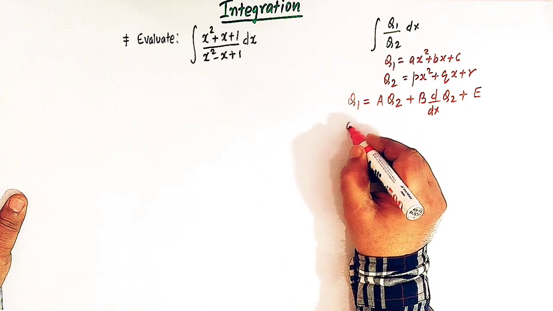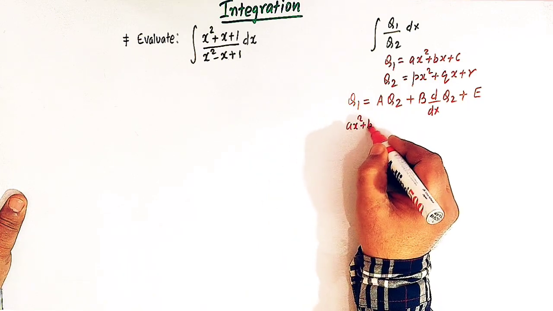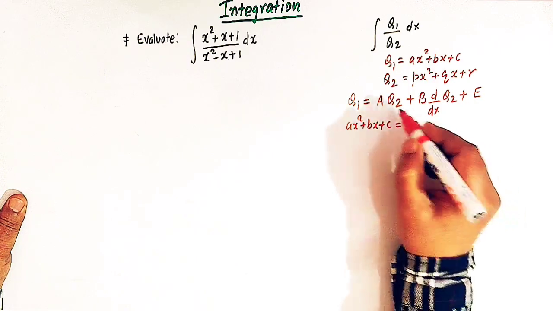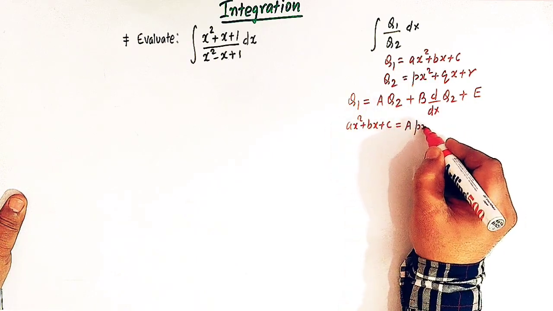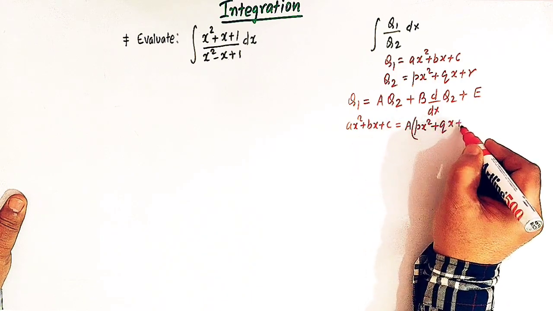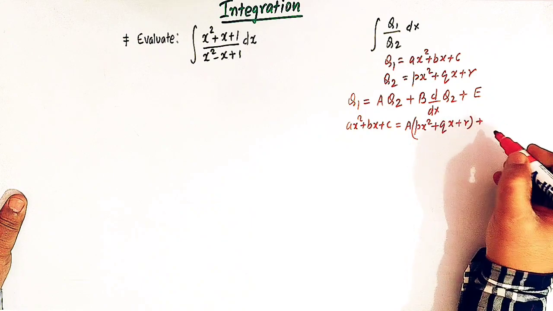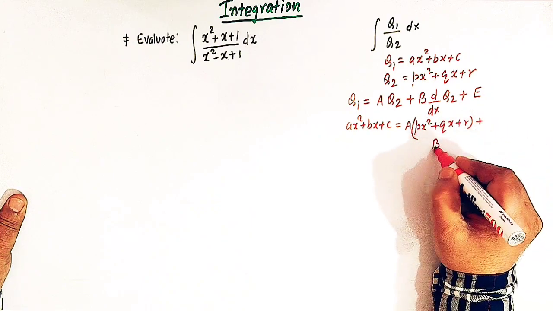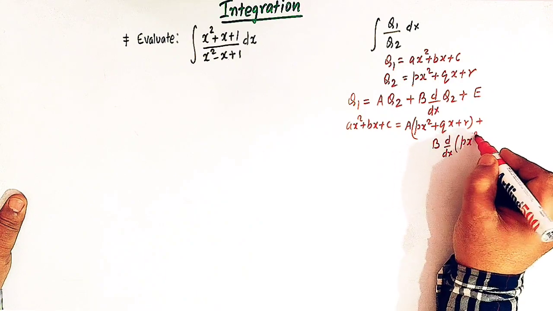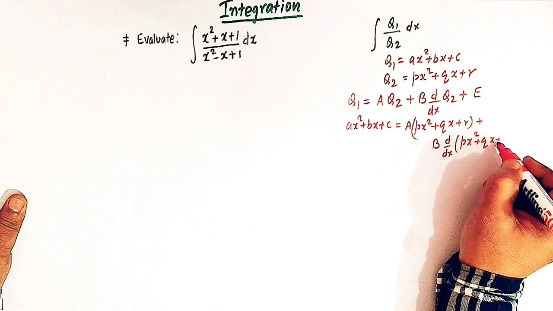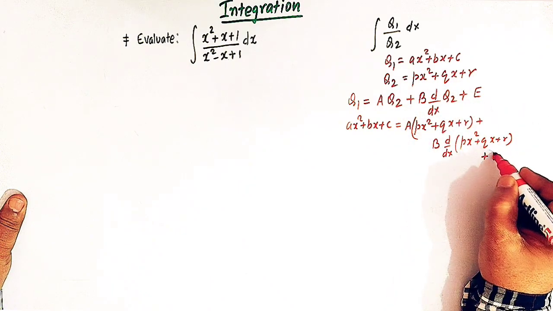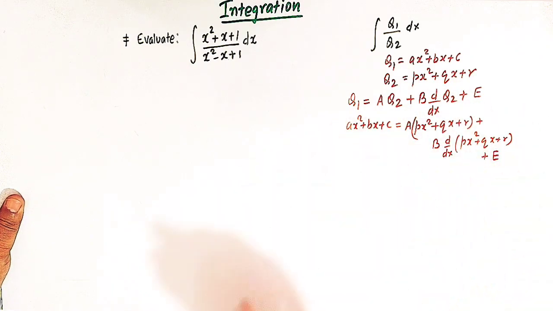So q1 is ax square plus bx plus c, and we have a times q2, which is px square plus qx plus r, then b times the derivative of px square plus qx plus r, and then another constant e, right?